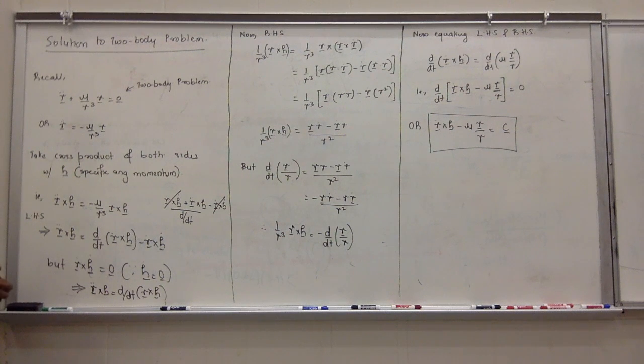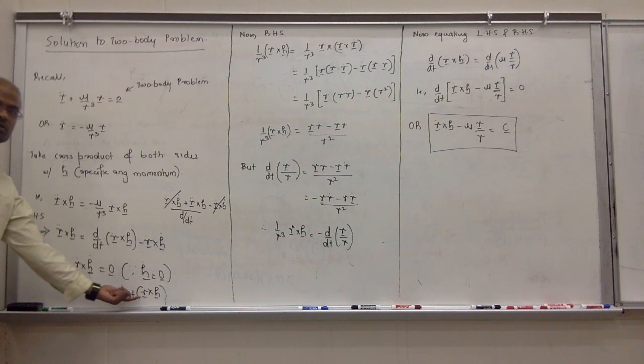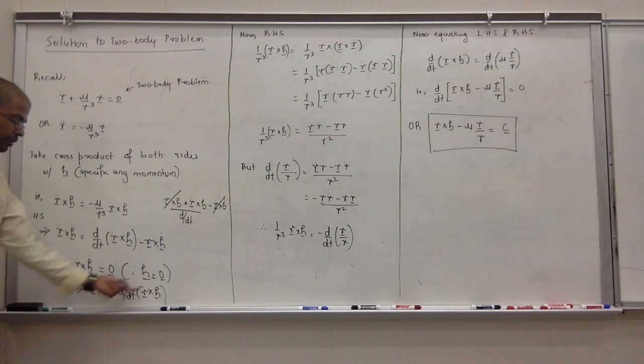Got it? See, this arrow means implies. So this is just equal to this. So the left hand side can be written as d over dt of r dot crossed with h.